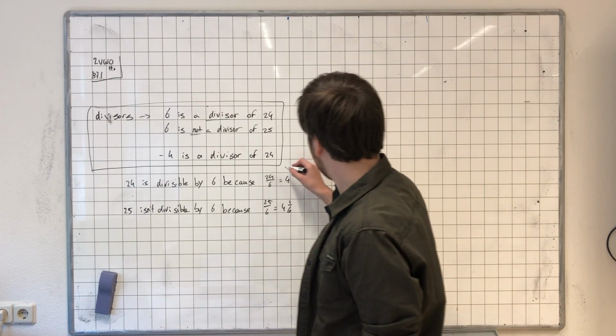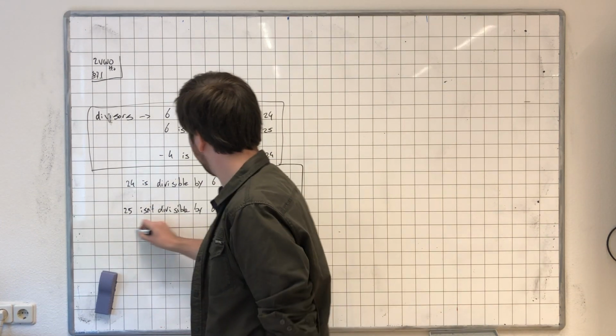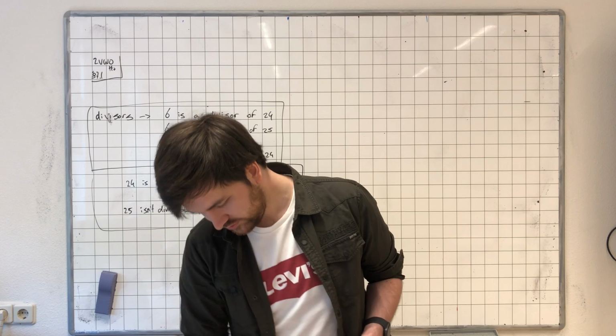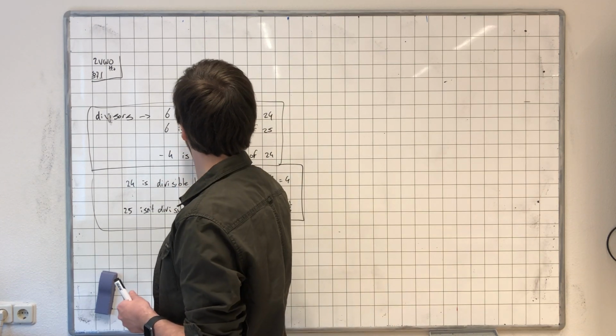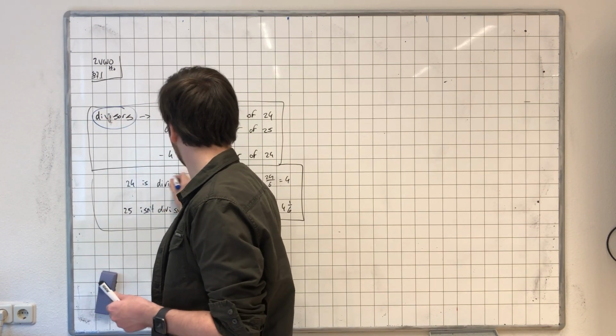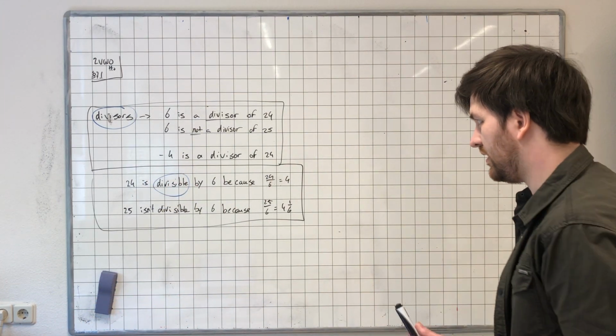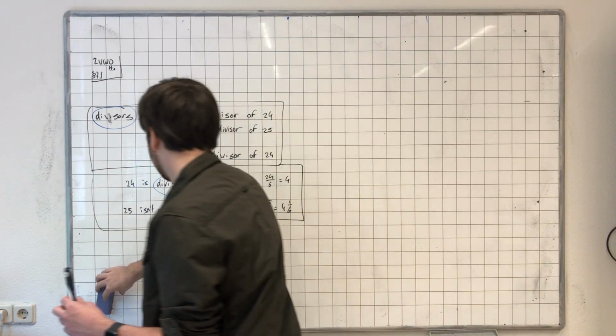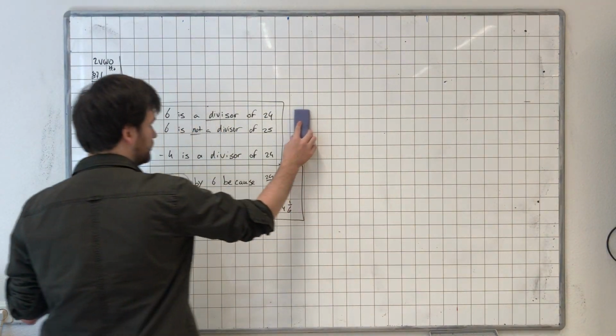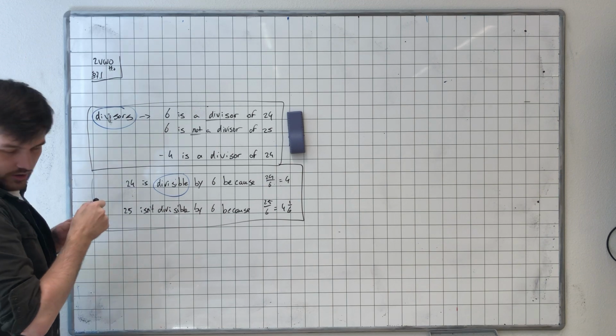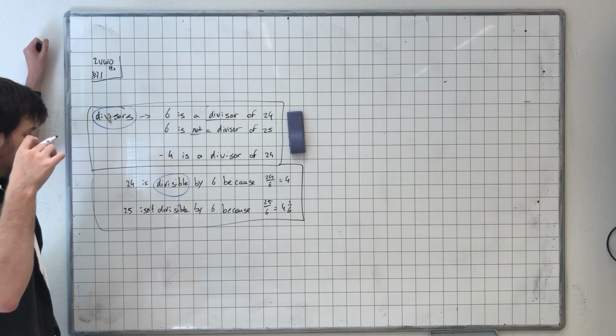Then the next term, so this is the first word, this is the second one. Then we're going to look at multiples. Multiples aren't that hard either. We're going to look at 6 again.